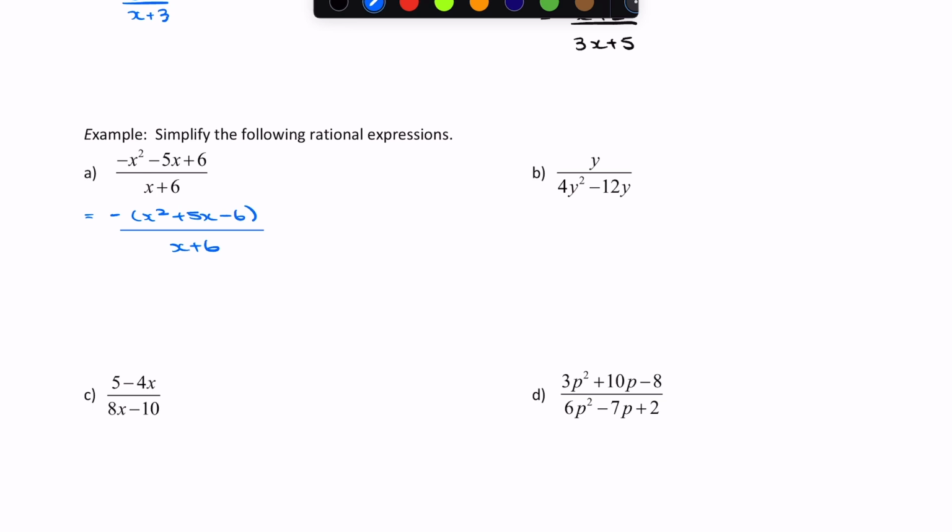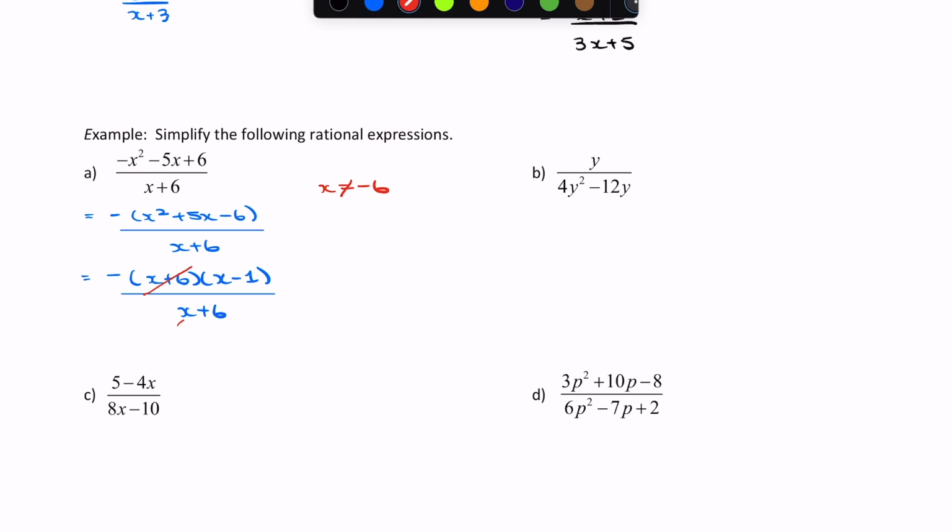From there, we can state our restriction. X cannot be equal to negative 6. Factor at the top, left with x plus 6, x minus 1, divided by x plus 6.